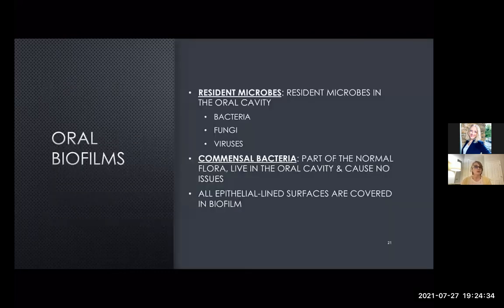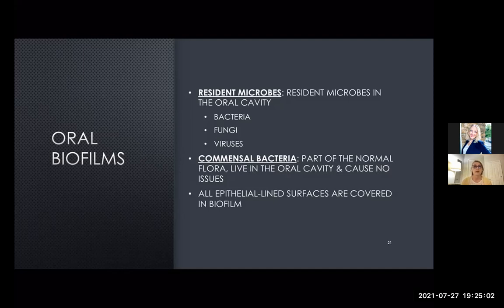So let's talk about those resident microbes, which are known as our normal flora. Normal flora. These include bacteria, fungi, viruses, all different kinds of things that float around in our bodies all the time. Commensal bacteria, these are part of our normal flora. They live in the oral cavity, and they cause no issues.